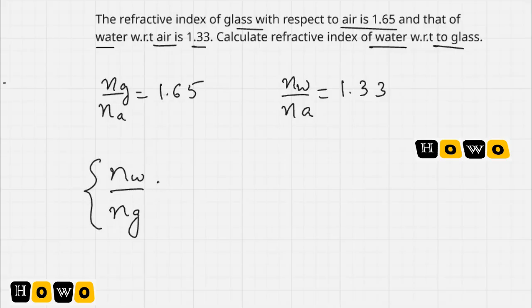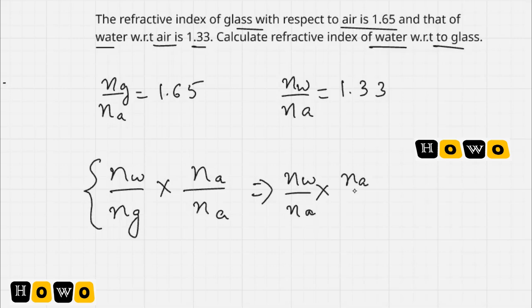For finding this out, let us multiply both the sides with refractive index of air and divide it with refractive index of air. On rearranging this, we will get refractive index of water upon refractive index of air multiplied by refractive index of air upon refractive index of glass. So this value we already have, refractive index of water upon refractive index of air, that is 1.33.